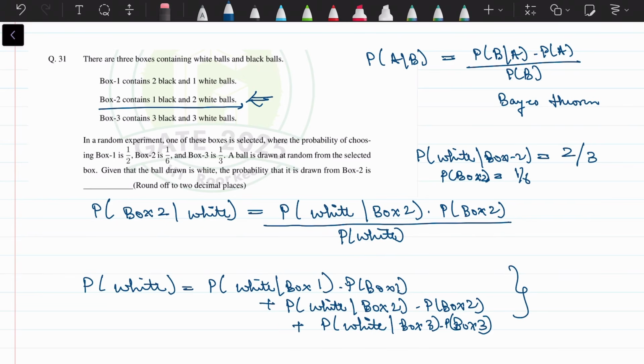So this is the total probability, and with this we can find the probability of white as well.